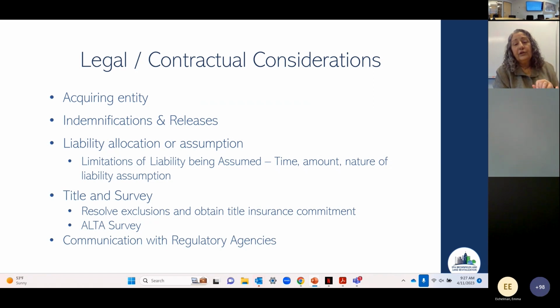Obviously on the legal side, you need to have an attorney involved, whether it's your city attorney or an environmental attorney that is retained by your city attorney, or just your general counsel. You want to think about who's buying the property. Whoever is buying this property is stepping into liability or potential liability.